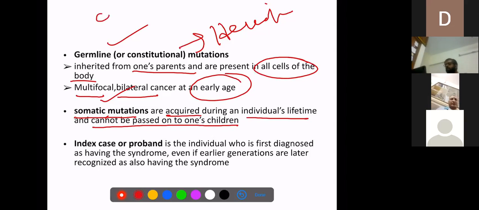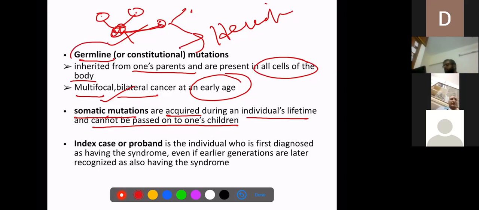Germline: one cell from the father, one cell from the mother. A diploid zygote is formed. That cell has this germline mutation. All the further divisions are going to happen from the same cell. So this mutation is going to be present in all the cells of the body.